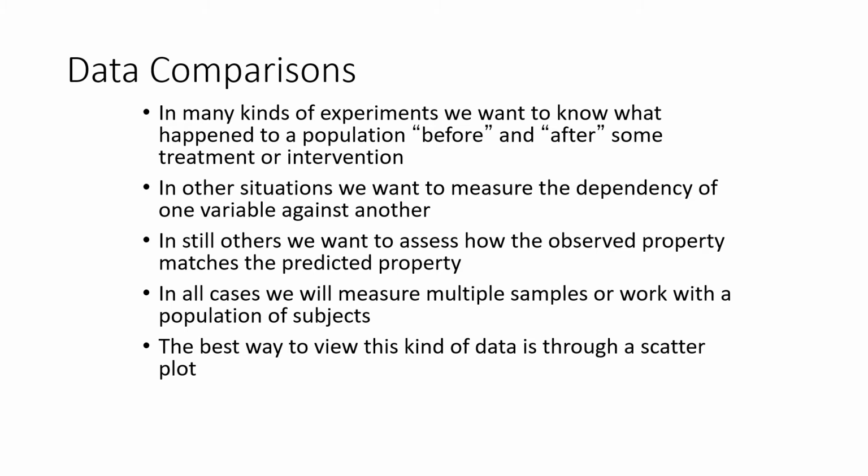Sometimes in other types of experiments, we'll be doing a measurement on an observed property and then comparing it to the predicted property. So we plot observed versus predicted. So it can be before and after, or observed versus predicted.